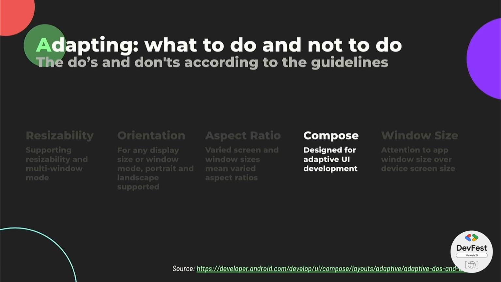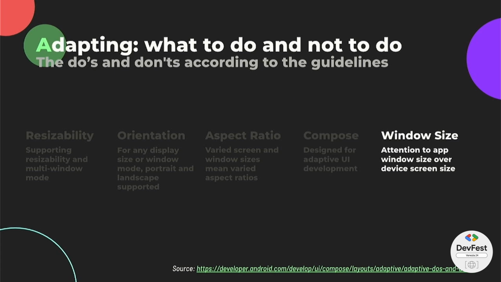So you need to use Jetpack Compose. That is the recommended design toolkit right now, to step away from XML and so forth, but to also use Compose because it was designed for adaptive UI. Then window sizes, which I will touch on within this talk. So paying attention to which window size your app has over the amount of device screen size that you're using. So is it a phone, is it a tablet basically? You no longer need to do that anymore.